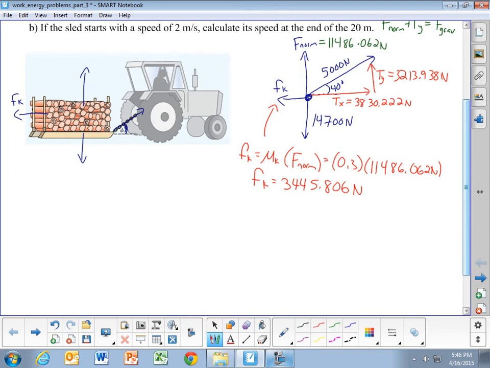First, the work done by the tractor is the component of that force parallel to the motion. So that's Tx, 3,830.222 newtons, and we're told that it slides 20 meters. So the work done by that pull is 76,604.44 joules.